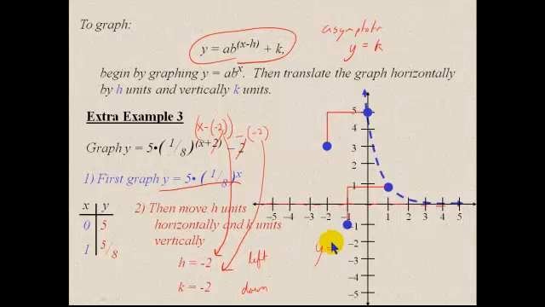It's going to shift down 2 units. So my new asymptote is y is equal to negative 2. And let's look at what happens when we graph this. We get our new function just shifted.